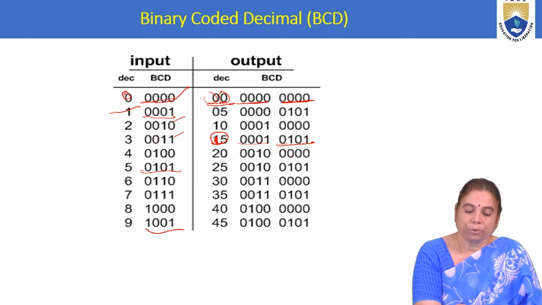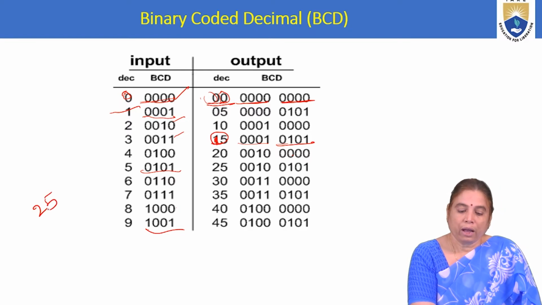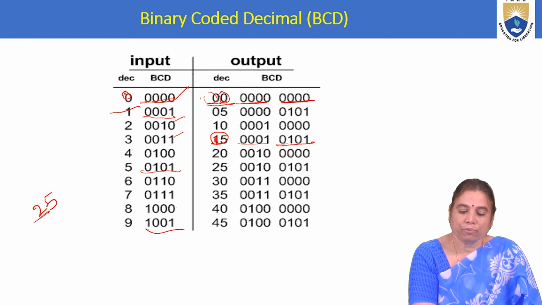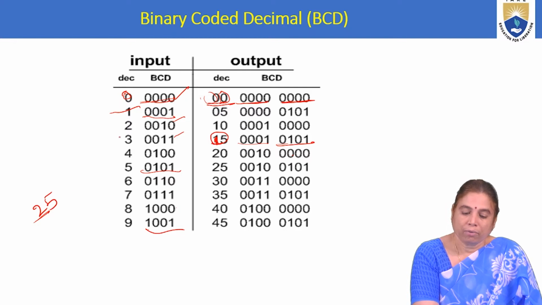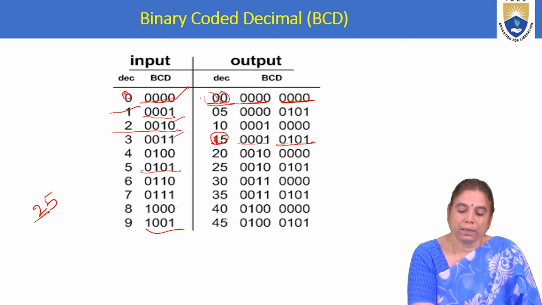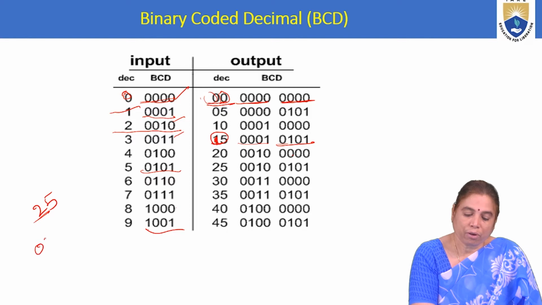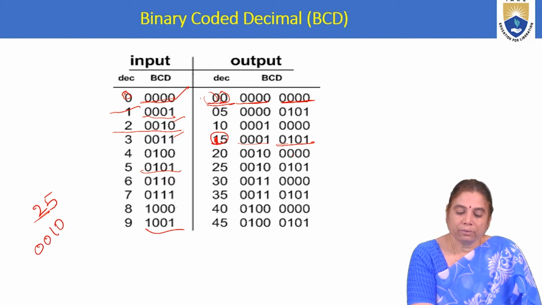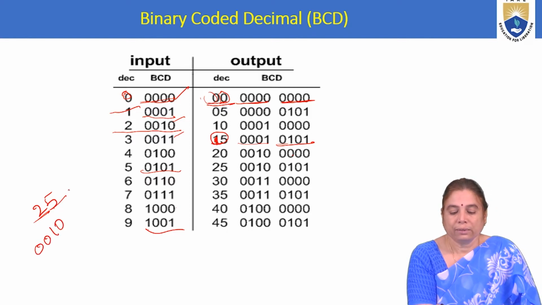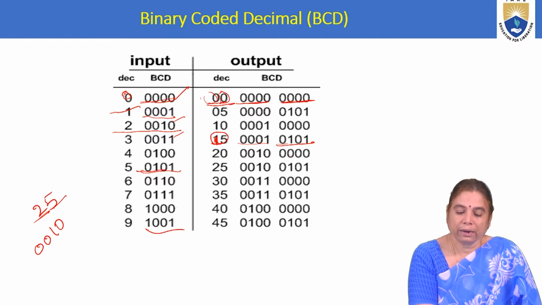If you want to represent 25 in BCD, we have to write the 4-bit binary equivalent of 2. What is it? 0010. Next, for 5, the 4-bit binary equivalent is 0101.